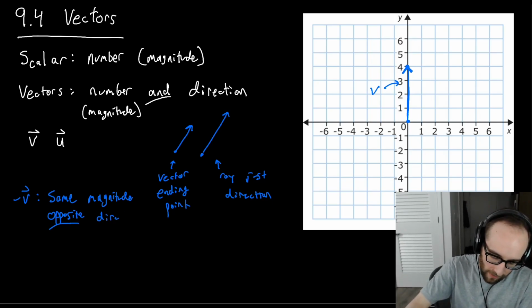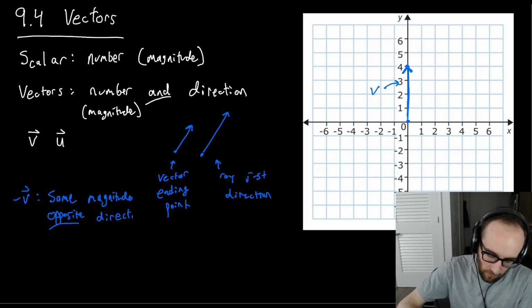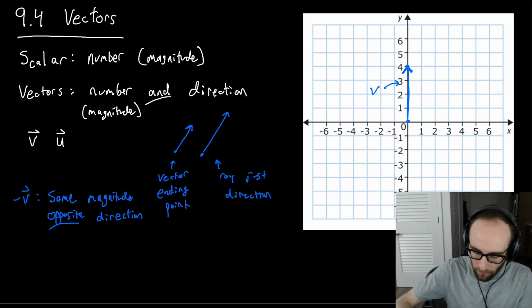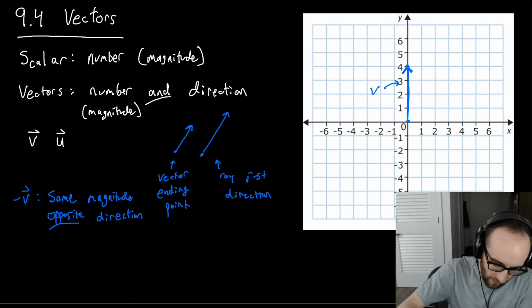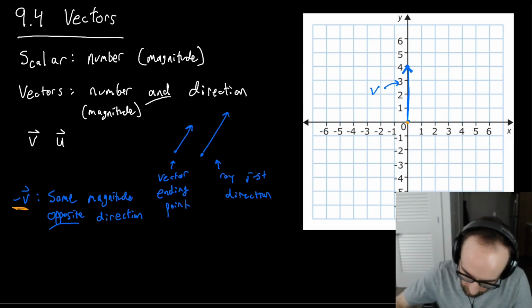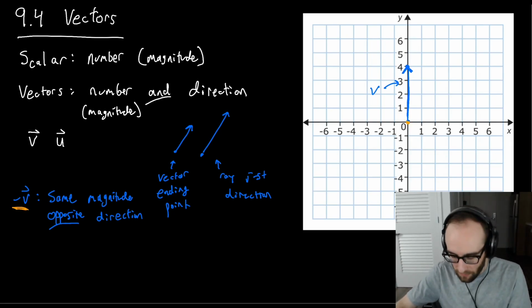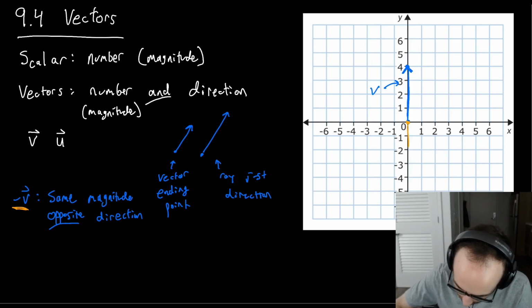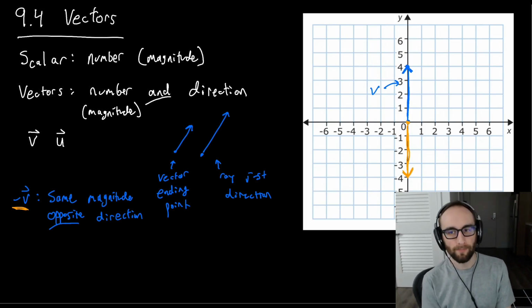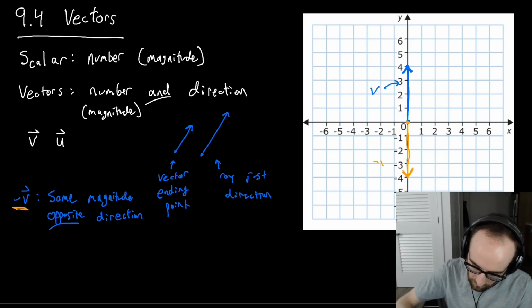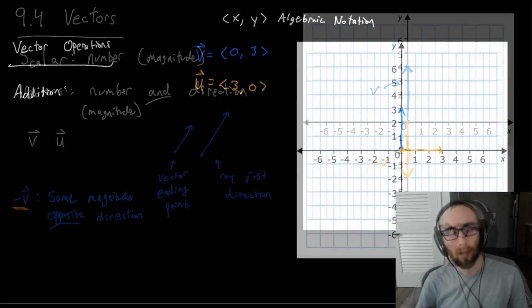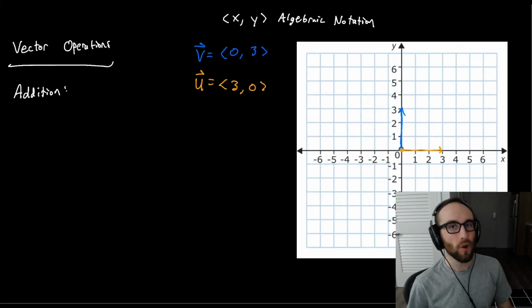So if we take a negative vector, all we're changing is we're flipping the direction. So for example, negative v, if we wanted to graph that in orange, would be starting at the origin, and then we would be going 4 units, but 4 units in this case down. So flipping across the origin. And it would look like this if we were to graph it. Okay, negative v.